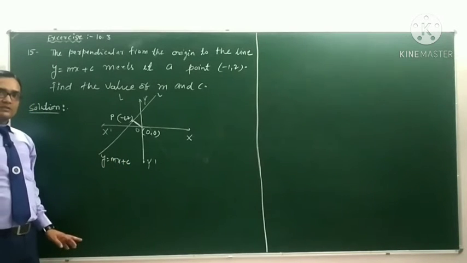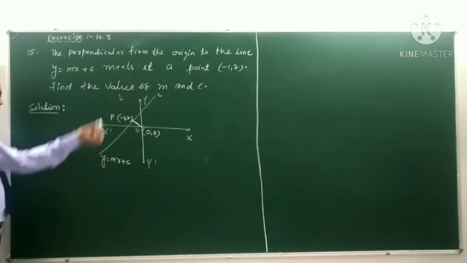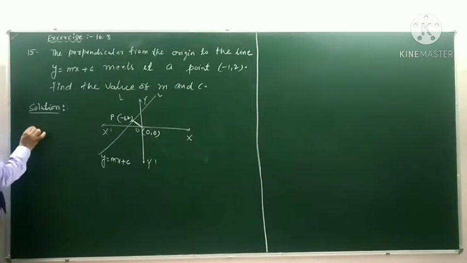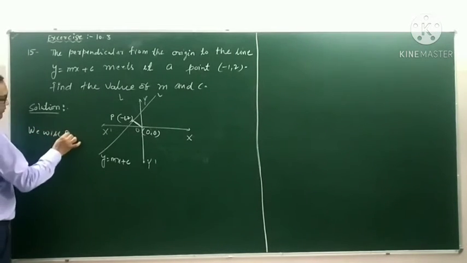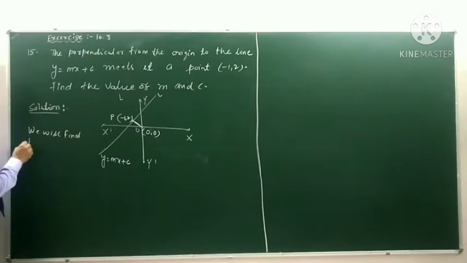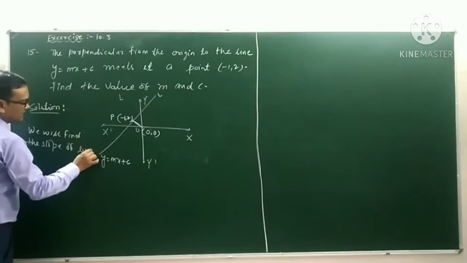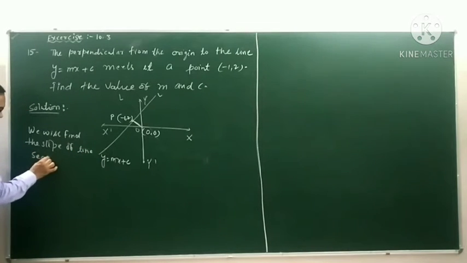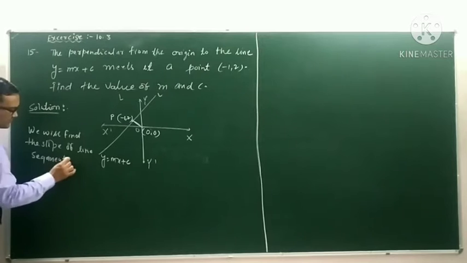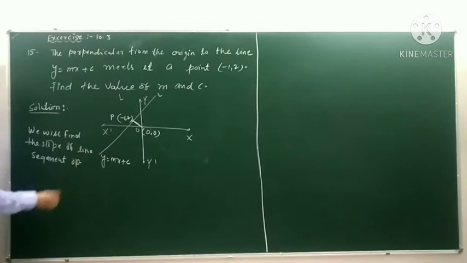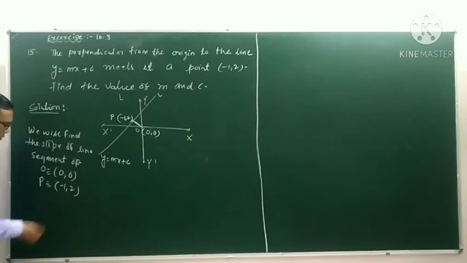Okay, students. We will find the slope of line segment OP. The coordinates of O are 0, 0, and of P are -1, 2.